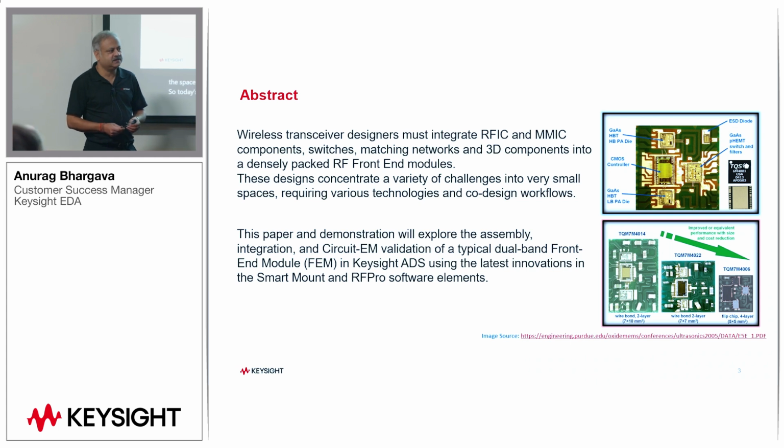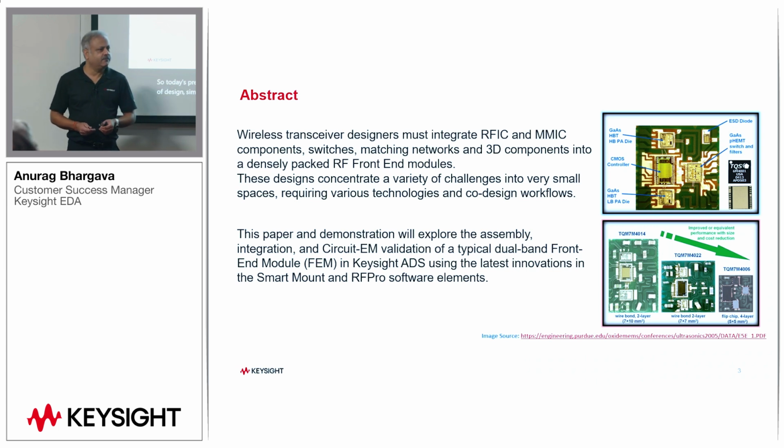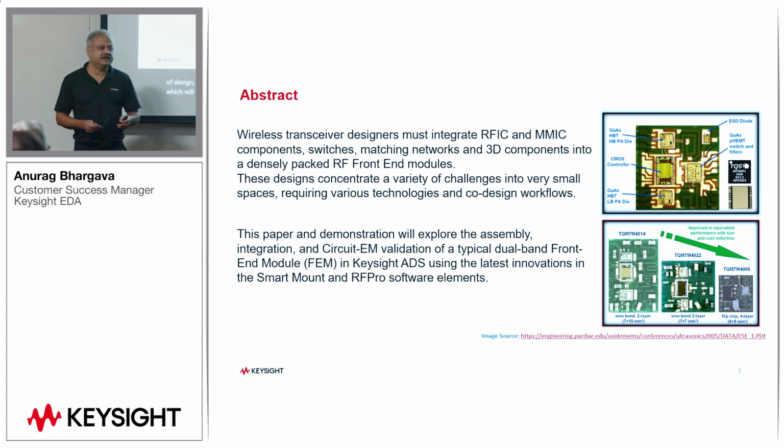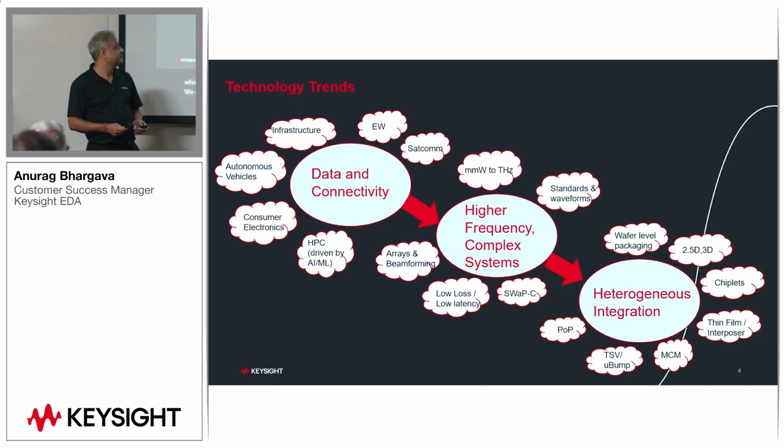What are the challenges in terms of design, simulation, as well as assembly? So I created a very simple dual band RF module, which we will walk through, but still capturing all the key difficulties which designers face in order to come out with a product in the market.